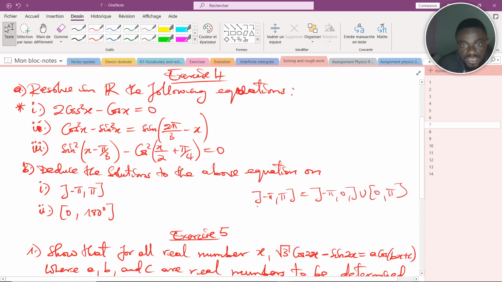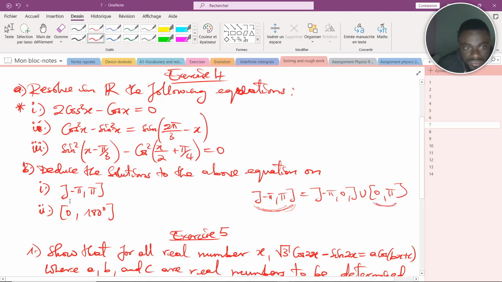It means that if you have already found solutions on this, you just choose, between those solutions you found, the solutions which are inside here. I don't know if you are trying to get what I'm saying.